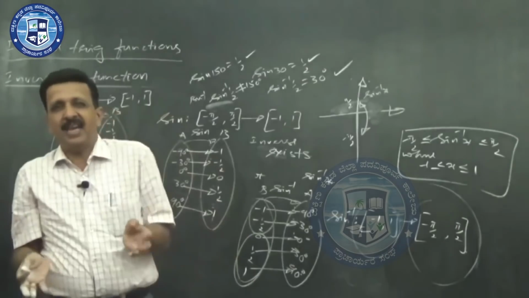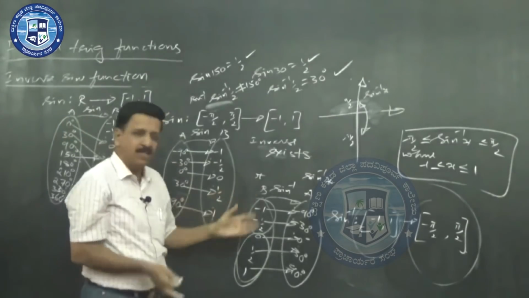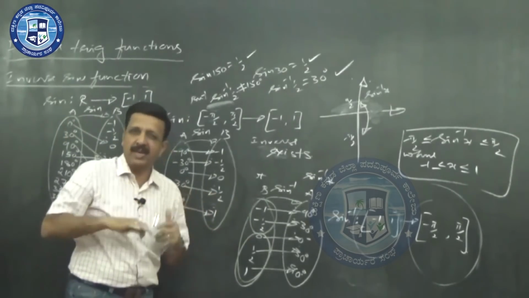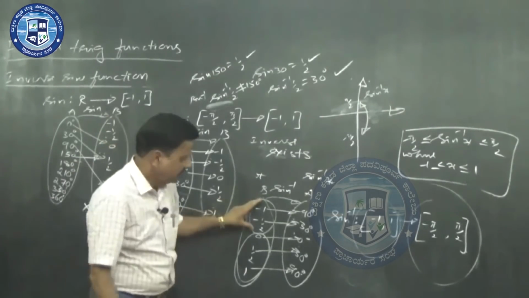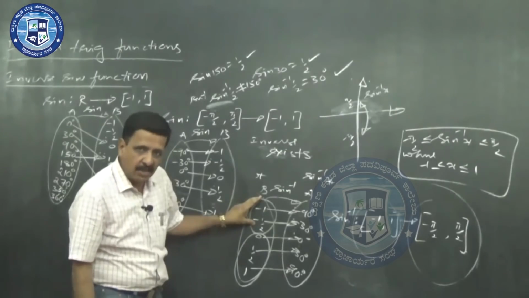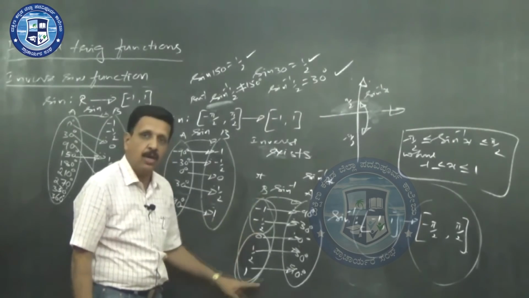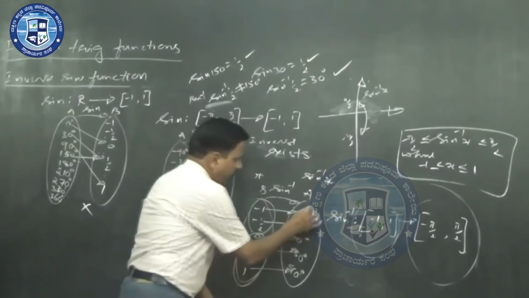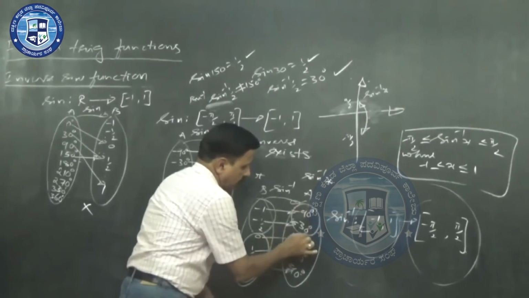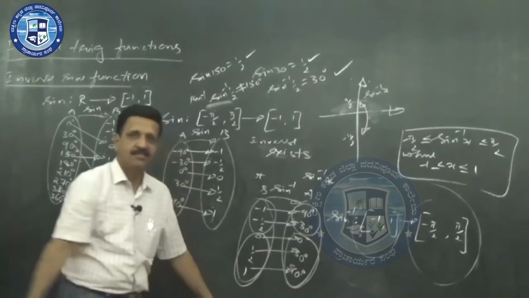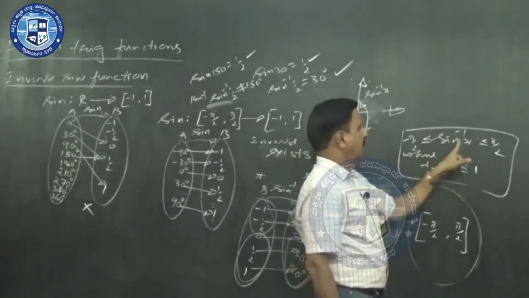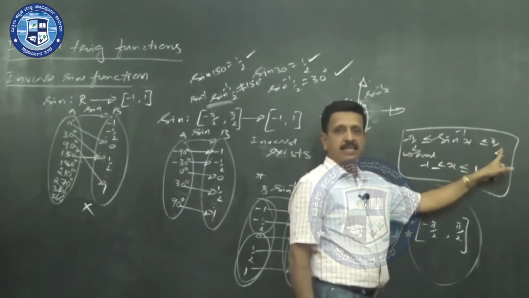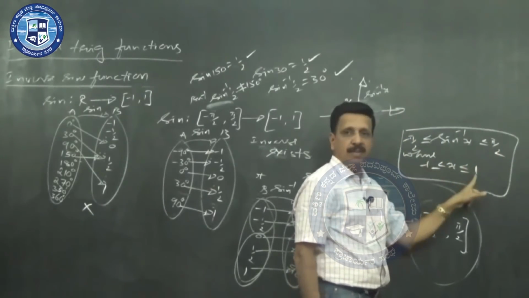But roughly when we classify, 0 also we include in the positive category because it is not negative. This is x being negative, this is x being non-negative. Accordingly you find that this answer is in the fourth quadrant, this answer is in the first quadrant. Anyway, you have written this, sin inverse x lies between minus 90 and plus 90, where x lies between minus 1 and plus 1.